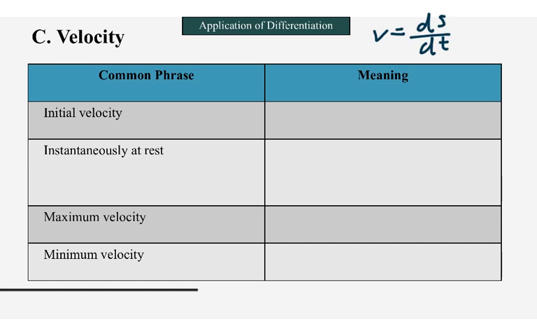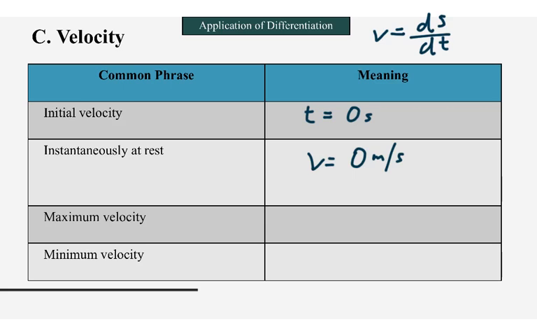Initial velocity refers to when t is equivalent to 0 seconds. When we say that a particle is instantaneously at rest, it refers to velocity being equivalent to 0 meters per second.